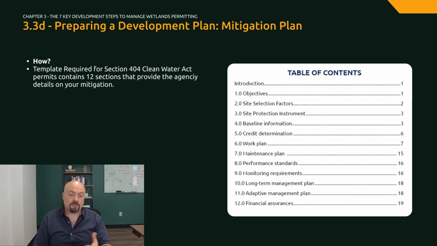The mitigation template required by the Army Corps of Engineers contains 12 sections that provide the agency with details about your mitigation proposal.